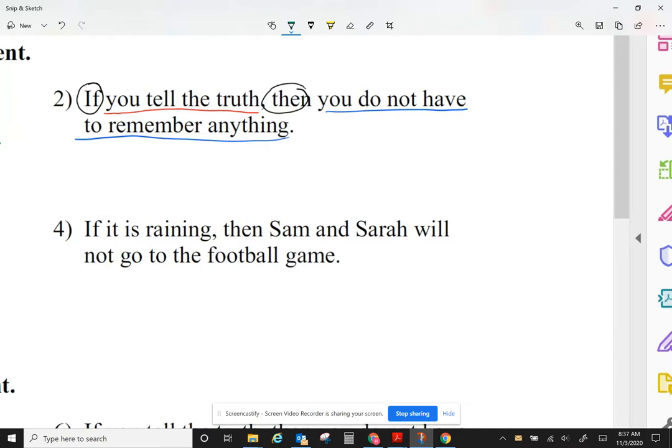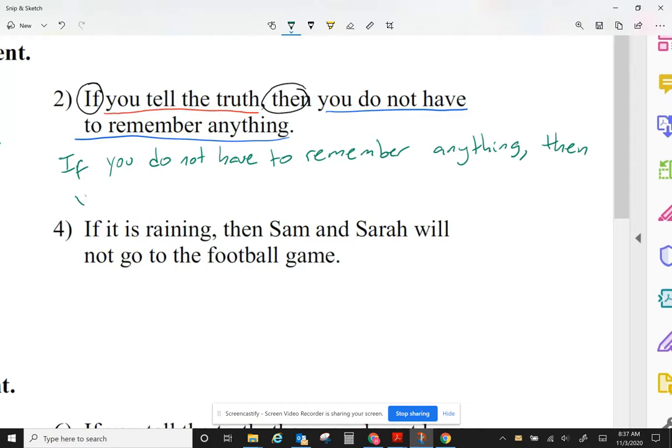So the way I will write this will be: If you do not have to remember anything, comma, then, for space purposes, let me continue at the bottom.